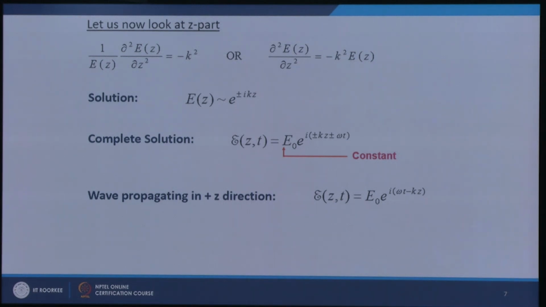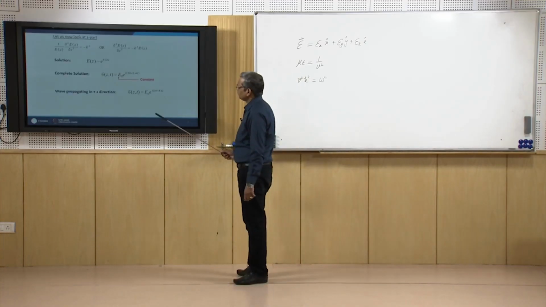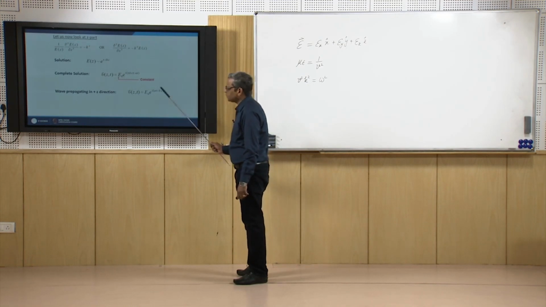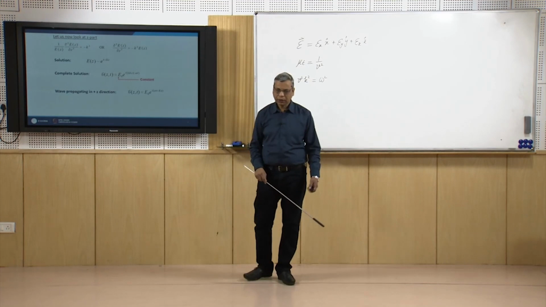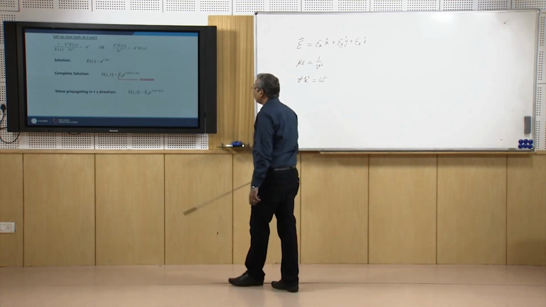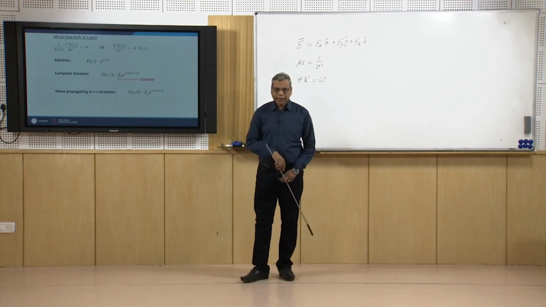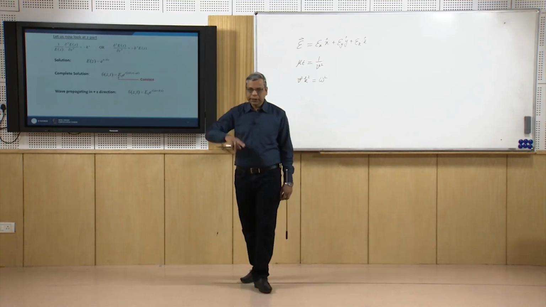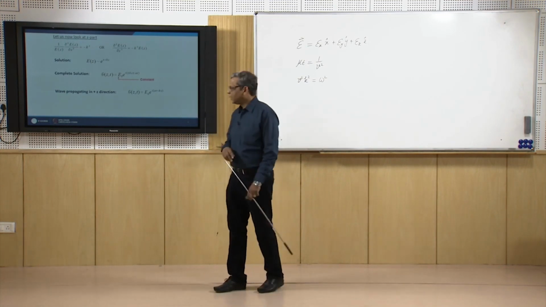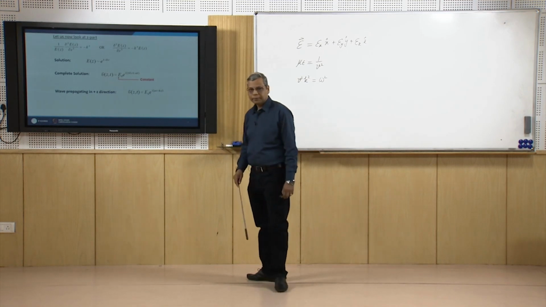What else I now see here is, if I take a particular position z, if I fix z, let us say z equals 0, and I look at the solution in time, then I see that the solution is oscillating in time with frequency ω.